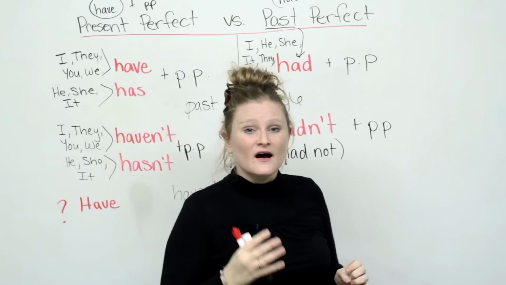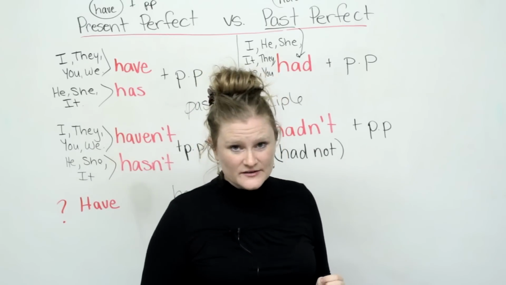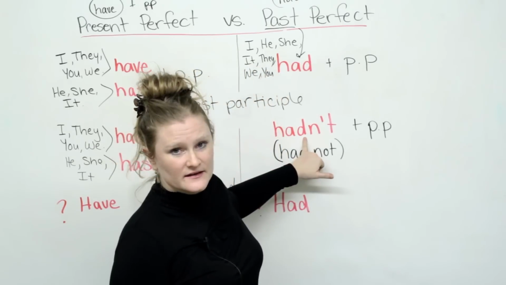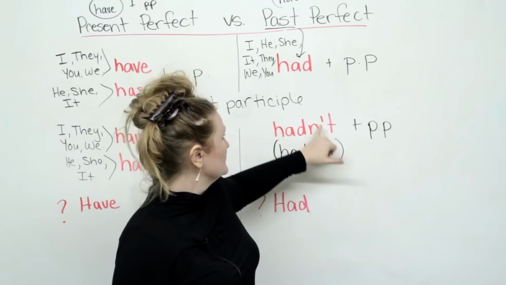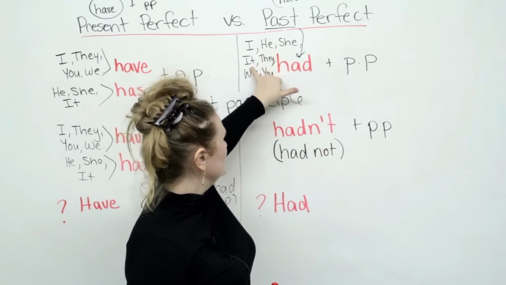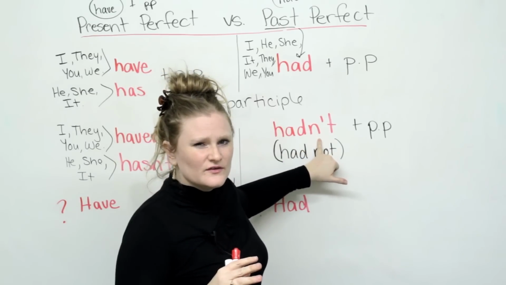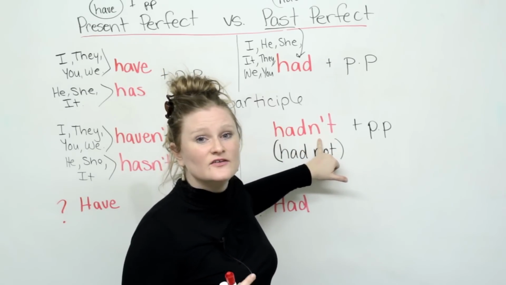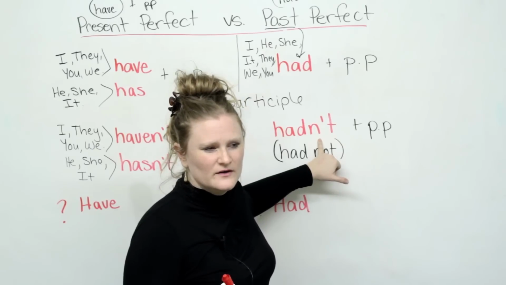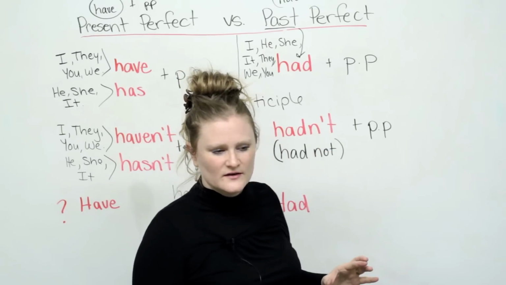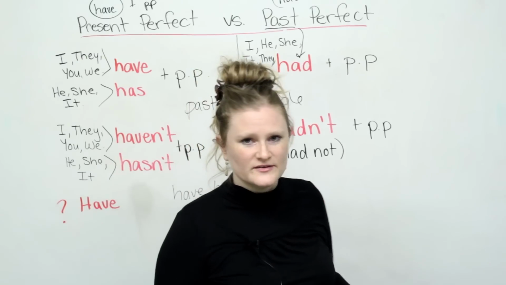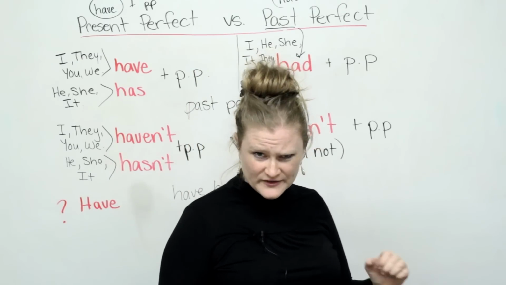When we use the negative, it's the same idea, except we're using hadn't. So, I, he, she, it, they, you, we, hadn't. It's unusual to say had not. If you want to use had not, it's to emphasize things, like I had not done that.